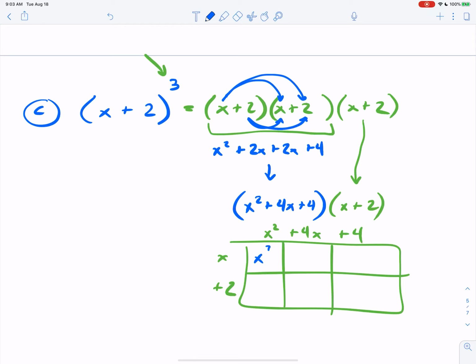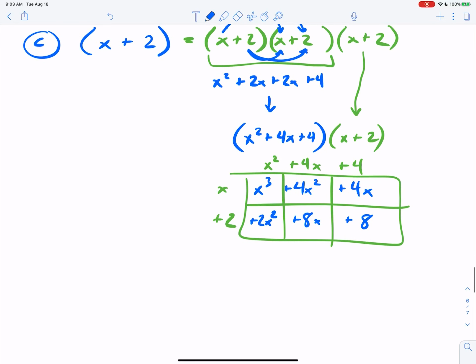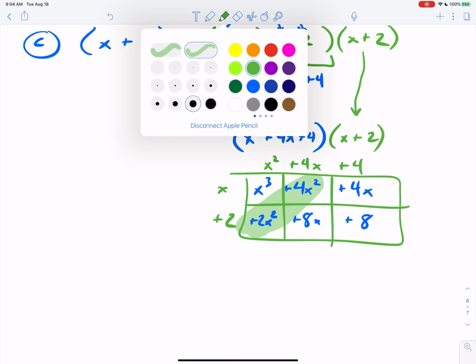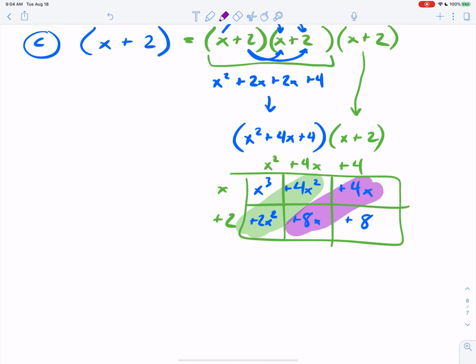So that's just x cubed, 4x squared, 4x, I should put plus signs here, plus 2x squared, plus 8x, plus the 8. I noticed that I have diagonals that I can combine. Okay, so that's going to be x cubed plus 6x squared plus the 12x plus the 8.